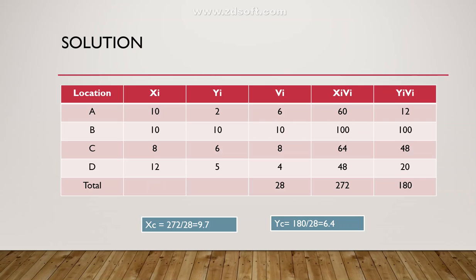Put together the sum of all these weighted factors, we get 180. So by applying the formula, we can calculate it. Y coordinate is equal to sum of yi into vi divided by sum of vi, which is 180 divided by 28, we get 6.4.